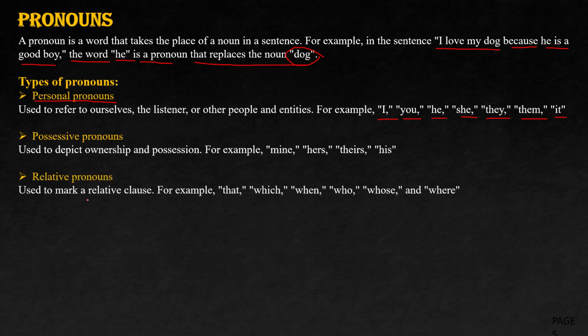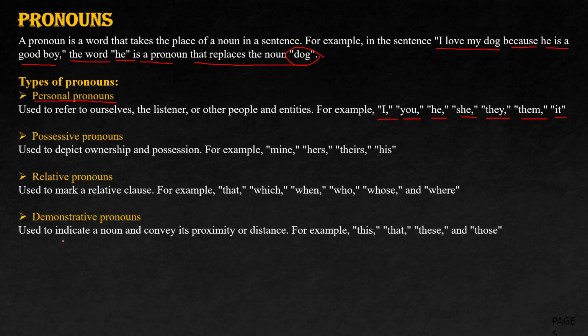Now, relative pronouns are used to mark a relative clause. For example, that, which, when, who, whose, where. These all mean it is related to something.